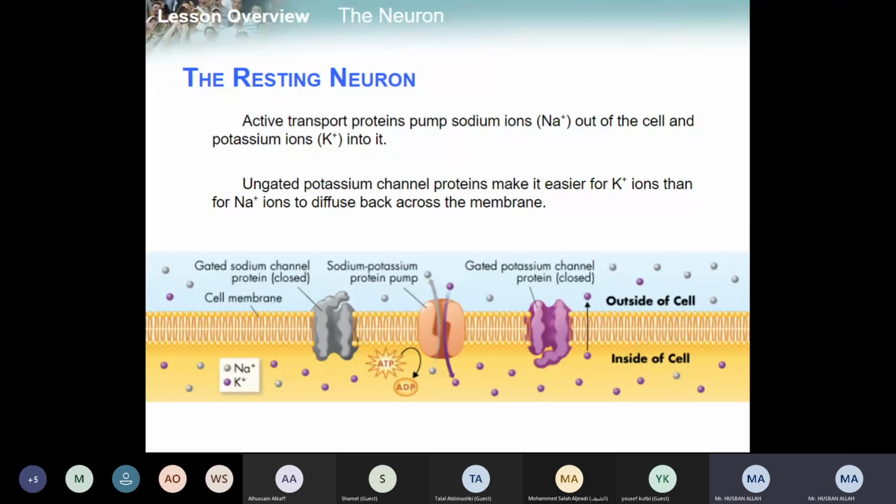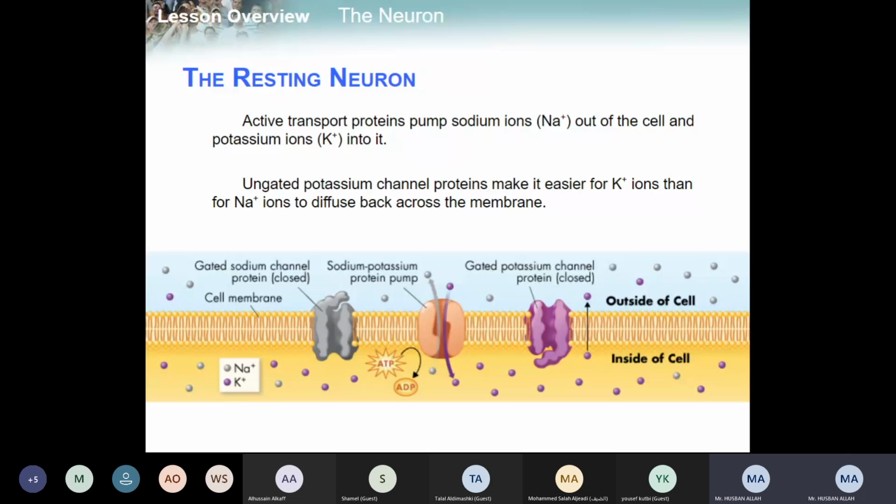So by consuming energy, the active transport protein pumps sodium ions out of the neuron and takes in potassium ions. Sodium ions are positive and potassium ions are also positive, so it takes sodium and potassium ions across the membrane.